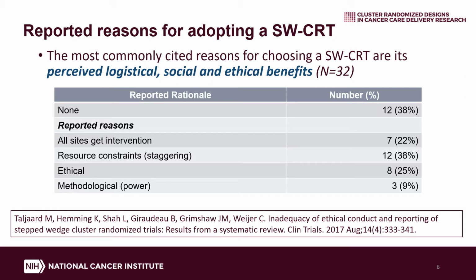Of those that did report a justification, the commonly reported justifications were that all sites get the intervention, and that resource constraints meant that the staggering of the rollout using the stepped wedge design meant for a more feasible design. Other people cited its ethical advantages, and a smaller number cited its methodological power or statistical efficiency advantages.